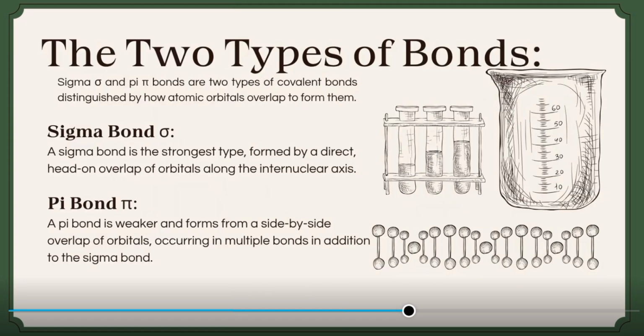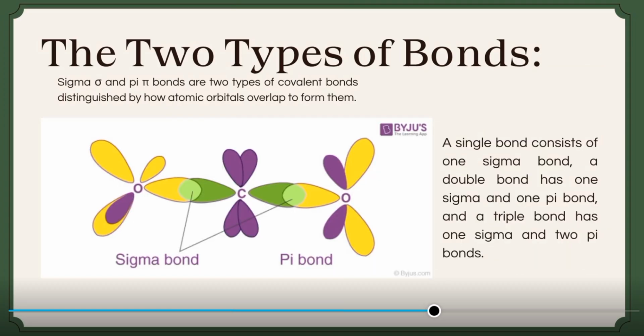The two types of bonds. Sigma bond. A sigma bond is the strongest type, formed by a direct, head-on overlap of orbitals along the internuclear axis. Pi bond. A pi bond is weaker and forms from a side-by-side overlap of orbitals, occurring in multiple bonds in addition to the sigma bond.